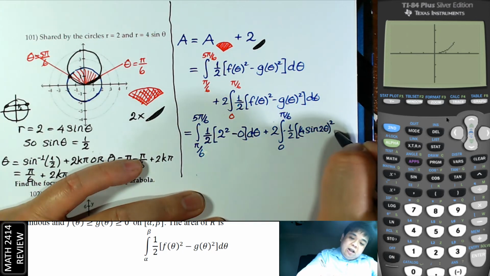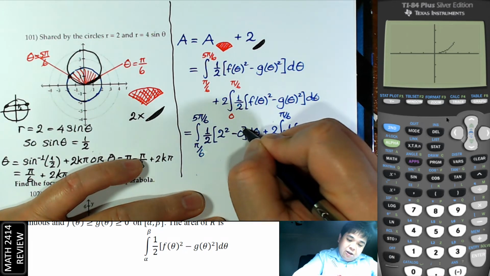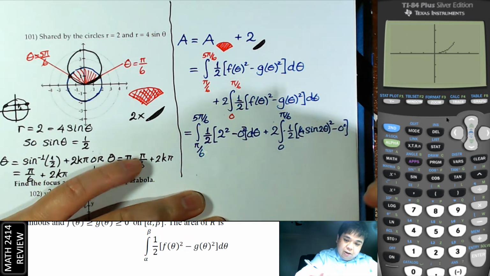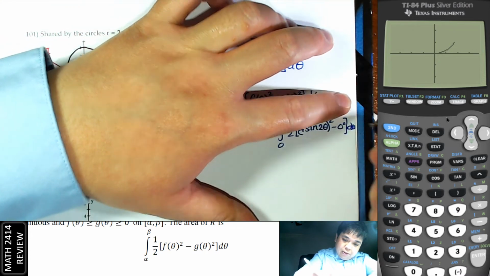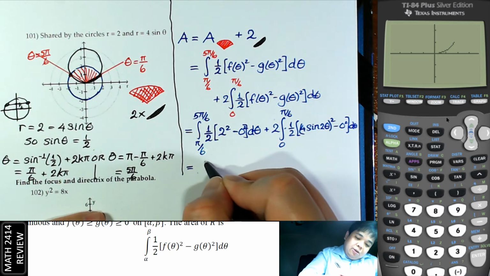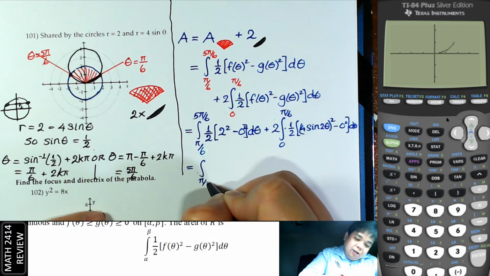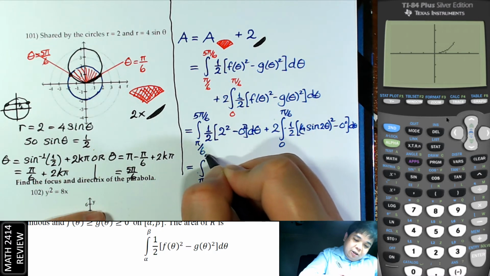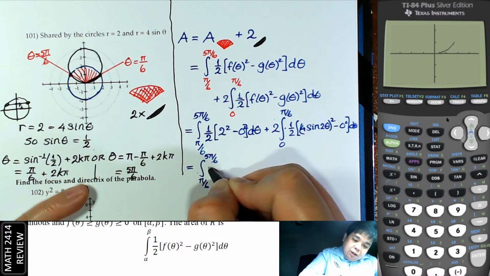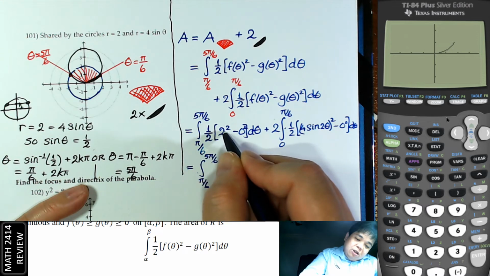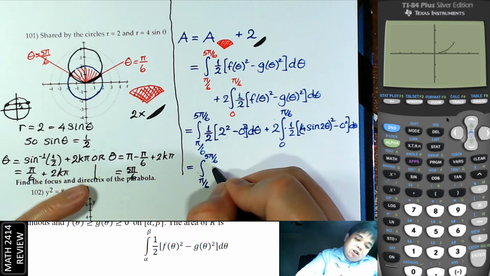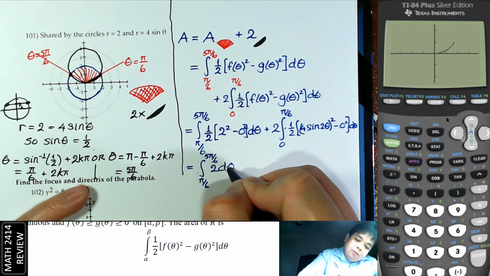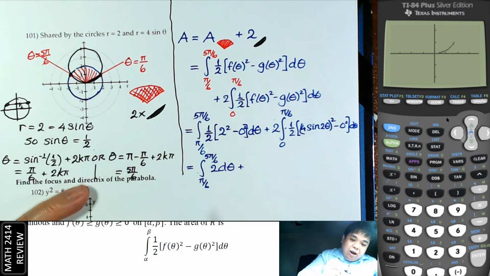And there's nothing inside. I should simplify this. We have 1/2 times 2 squared, 1/2 times 4 is just 2. And then 2 and 1/2 here cancel out.